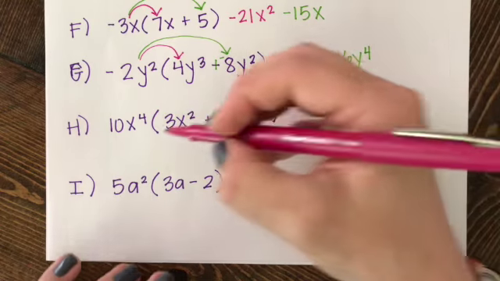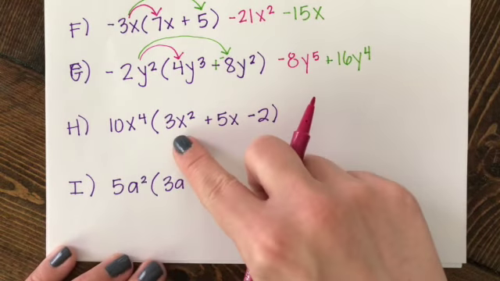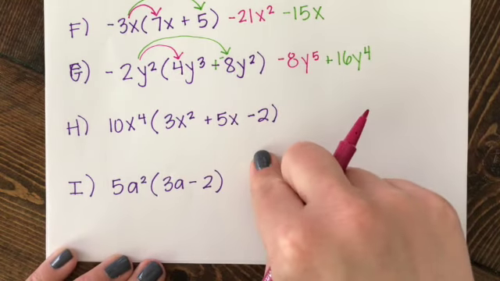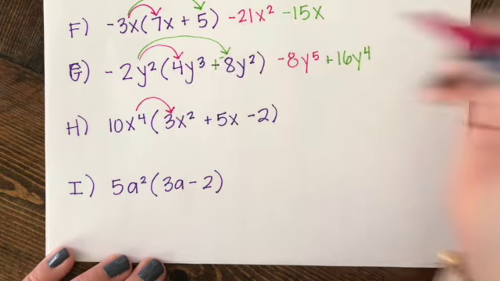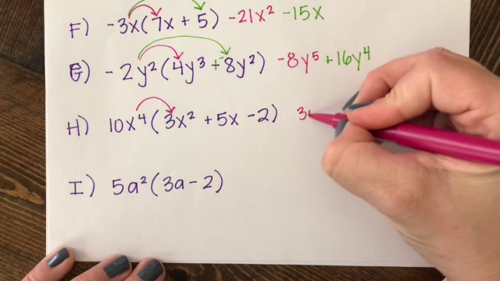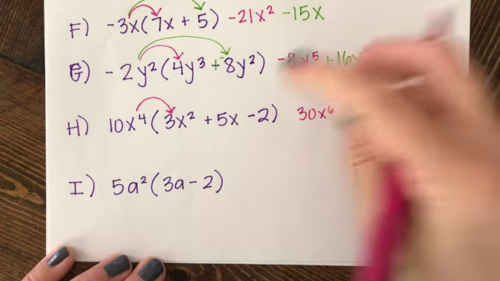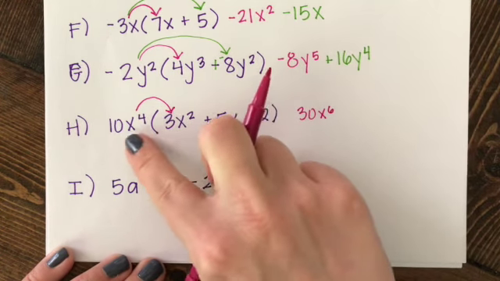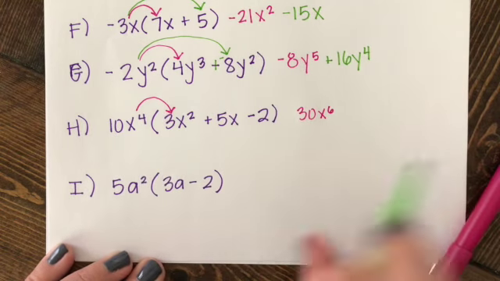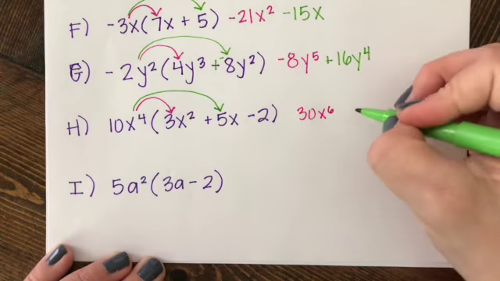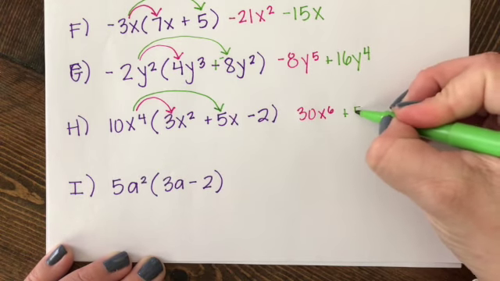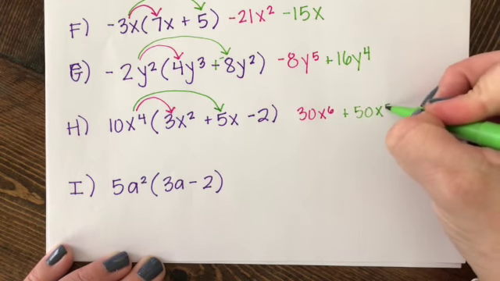Okay, let's look at letter H. You may have noticed that it's a trinomial because it has 3 terms, but you do the process the exact same way. 10x to the fourth times 3x squared would be 30x to the 6th. 10 times 3 is 30, 4 plus 2 is 6. Then 10x to the 4th times 5x is 50x to the 5th.